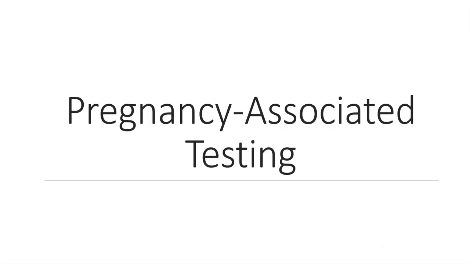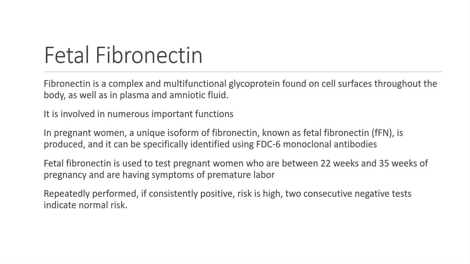We're going to have a brief discussion on pregnancy-associated testing. Fibronectin is a complex and multifunctional glycoprotein found on cell surfaces throughout the body, as well as in plasma and amniotic fluid. It's involved in numerous important functions, and in pregnant women there's a unique isoform of fibronectin known as fetal fibronectin, and it's produced and can be specifically identified using FDC6 monoclonal antibodies.